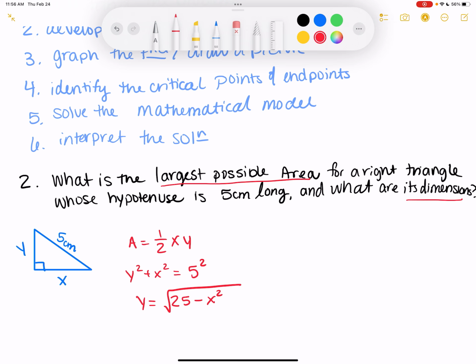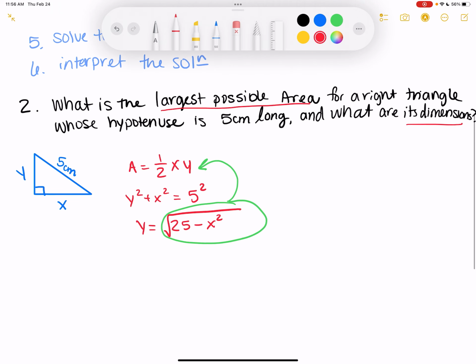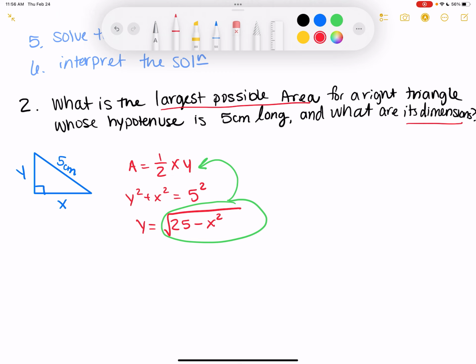All right, so now I can take this and plug it into my area formula for y. So I would have area is equal to 1/2 x times the square root of 25 minus x squared.